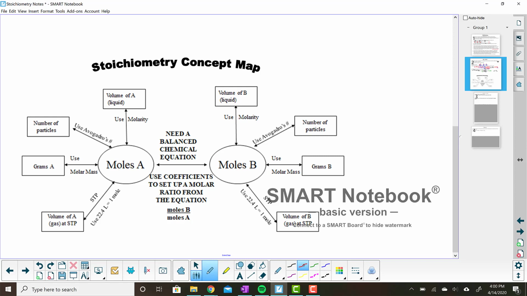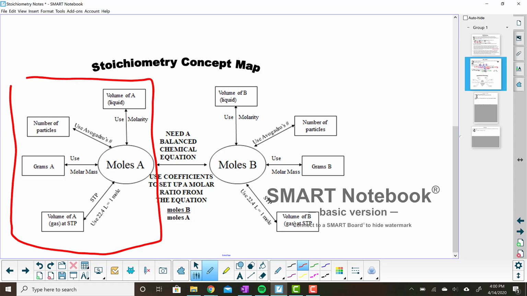The front side of this top 10 handout is just one side. It's half of this. We can go from volume of a gas to moles. We can go from grams to moles. We can go from particles to moles. We can go from volume of a liquid to moles, right? That's what's on the front side. It looks like this though, with moles in the middle.